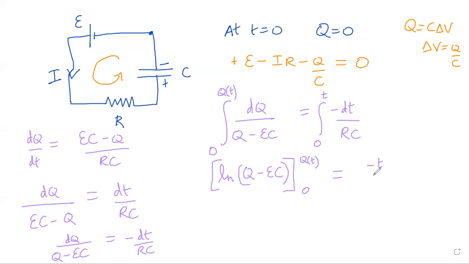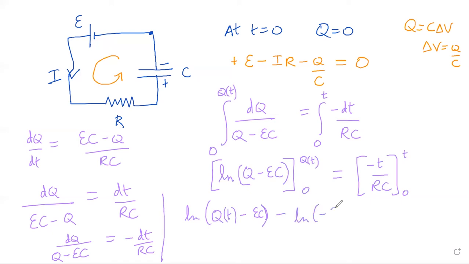So we end up with minus t over RC, evaluated at t and 0. So on the left-hand side, we have natural log Q of t minus EC minus natural log minus EC.